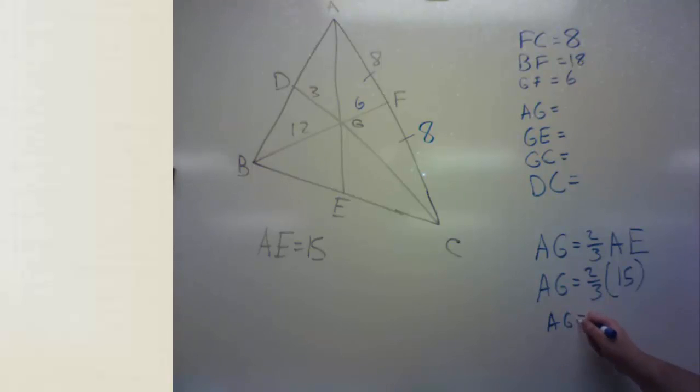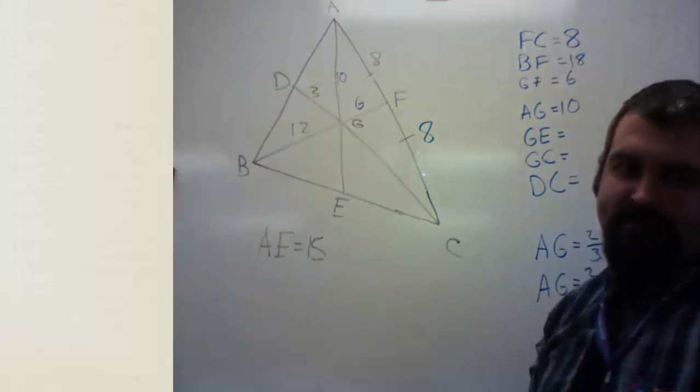Length of segment AG equals 2/3 of 15 over 1. Multiply straight across. AG equals 30 over 3. Or length of segment AG equals 10. And there we go.